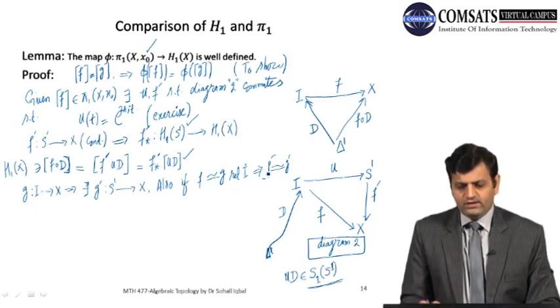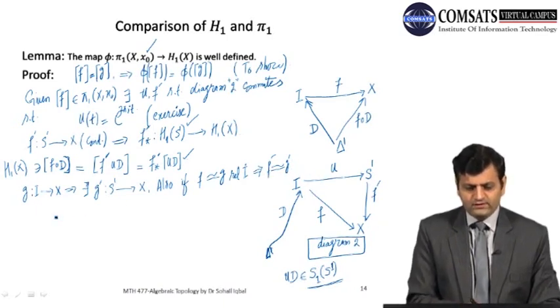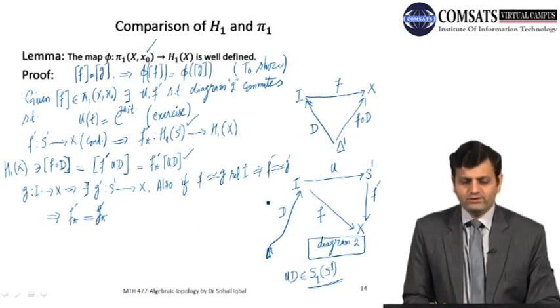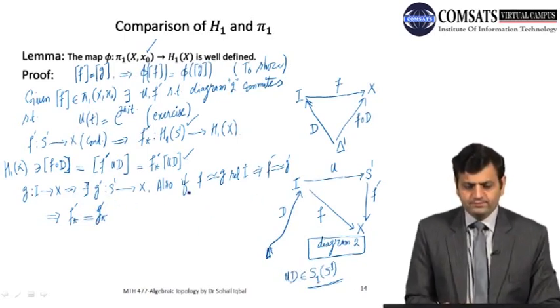Now f prime is a map from S1 to X, g prime is a map from S1 to X, and so we can say that if they are homotopic, then f prime lower star is equal to g prime lower star. Now we are using the properties of the homology.